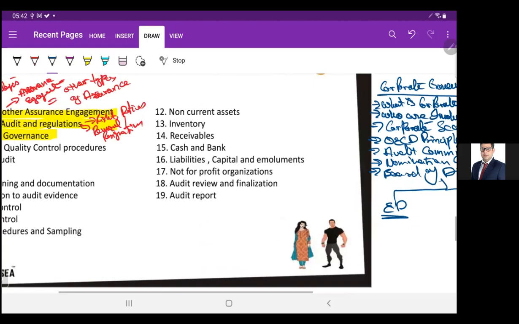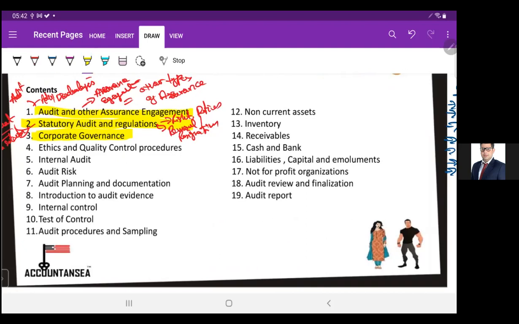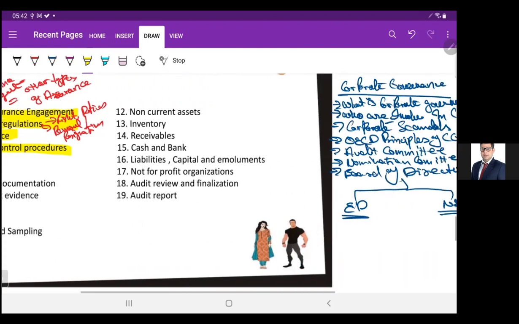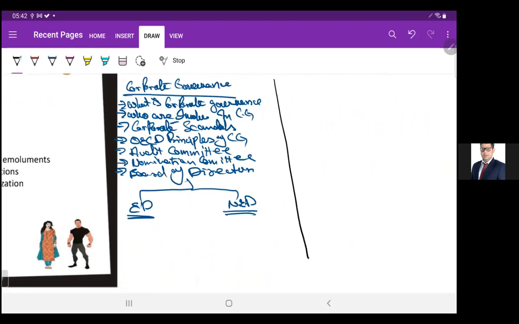The next area is related to ethics and quality control. In ethics and quality control, first we will learn what is ethics, the principles of ethics.